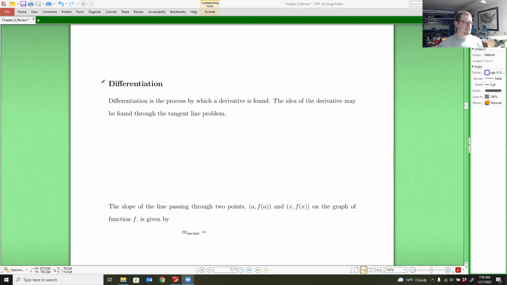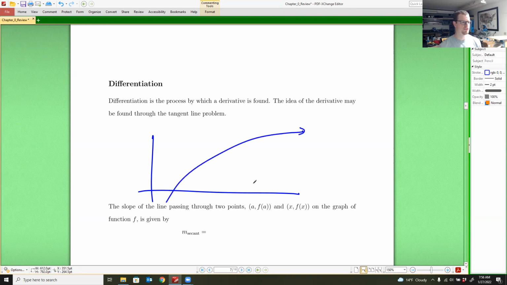Again, the idea of the tangent line is that if we have a function, let's say it looks like this for simplicity, and we have some point a, and the output f of a for our function, somewhere right around there. What we would like to do then is consider a secant line.